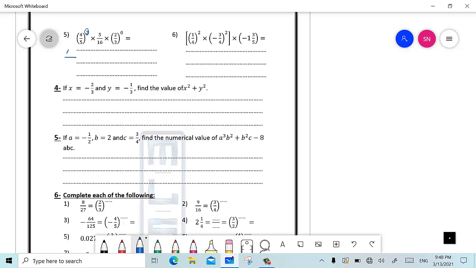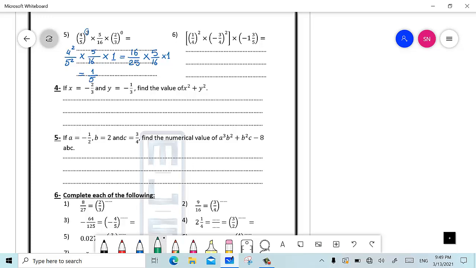As a result, I have here 4 to the power of 2 over 5 to the power of 2 times 5 over 16 times 2 over 3 raised to the power of 0, and anything raised to the power of 0 is equal to 1. 4 to the power of 2 is equal to 16, and 5 to the power of 2 is equal to 25, times 5 over 16 times 1. So my final answer here is equal to 1 over 5.